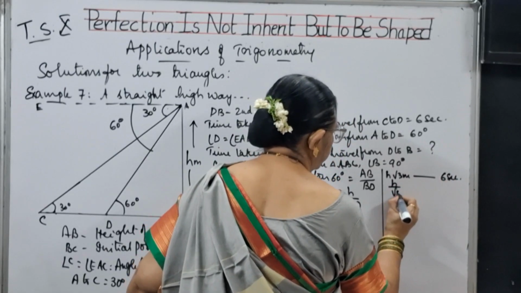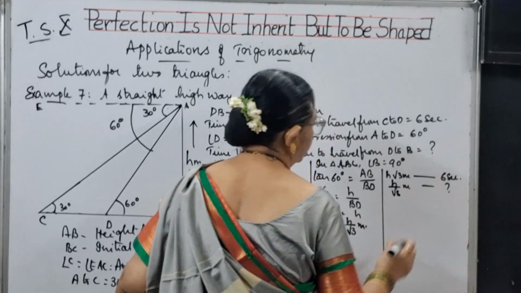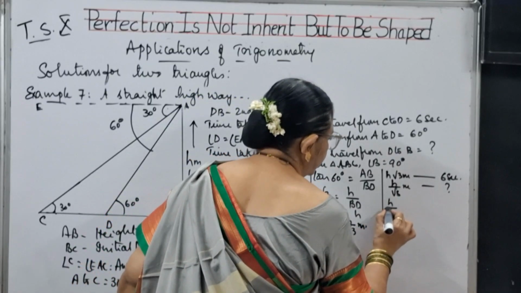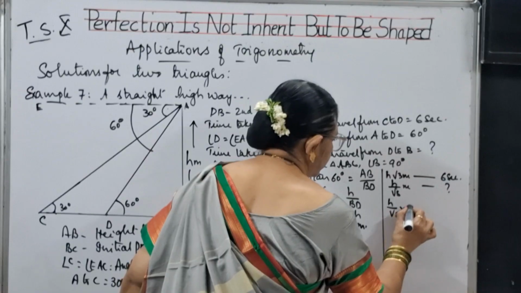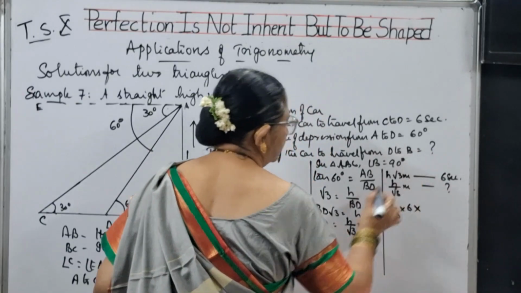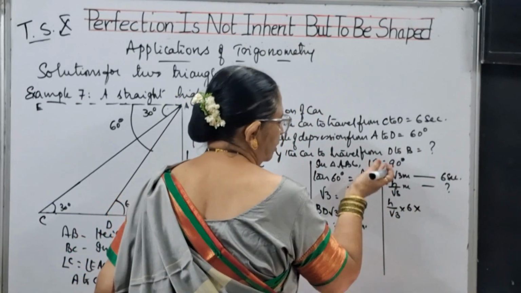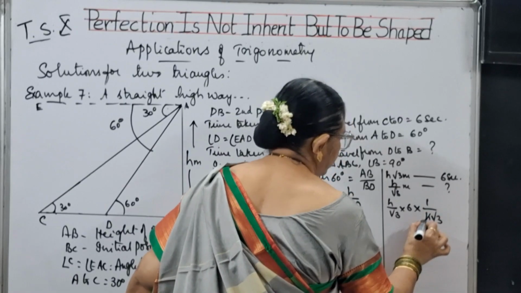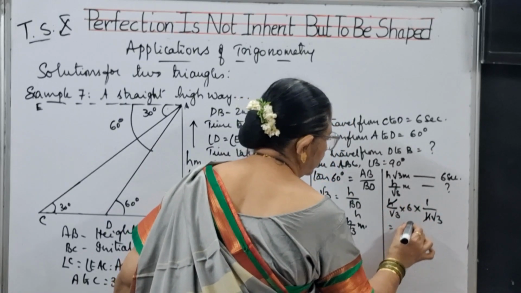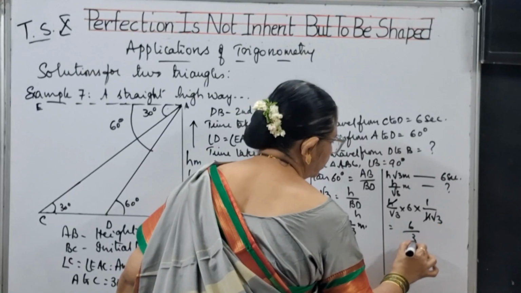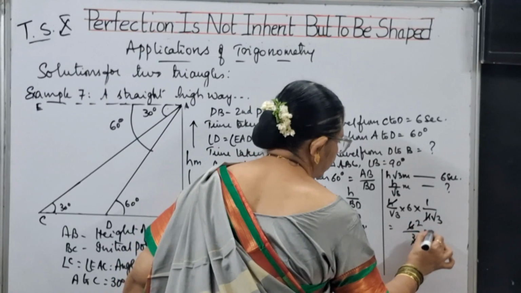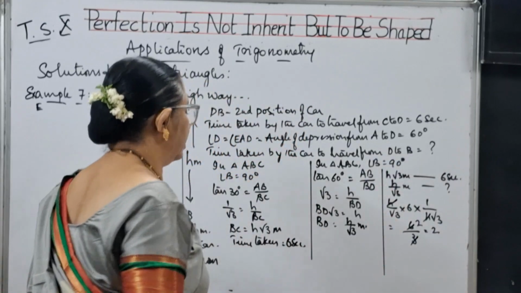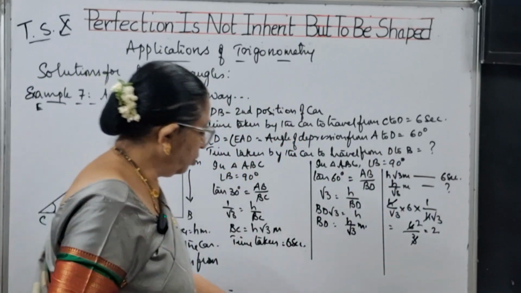H by root 3 meters takes how many seconds? That means what will you be writing? H by root 3 into 6, actually division. You have to write by, that means you can write the reciprocal, 1 by H root 3. H and H will get cancelled. 6 by root 3 into root 3 is 3. 3 twos are 6. So how much time is it taking? 2 seconds.